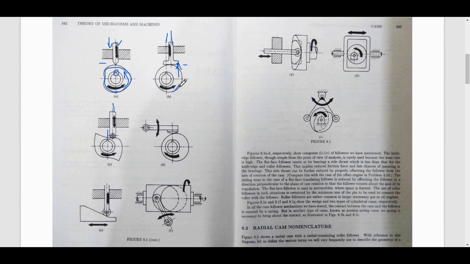This one is a flat-faced follower with an offset. Here is a roller follower. This is an oscillating follower. This one is a wedge cam. So this one just moves like this, and it moves the follower up or down. This is one type of cylindrical cam. So you can see this is the cylinder. It rotates about this axis here.